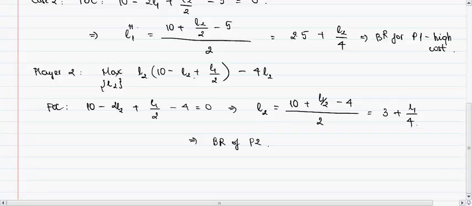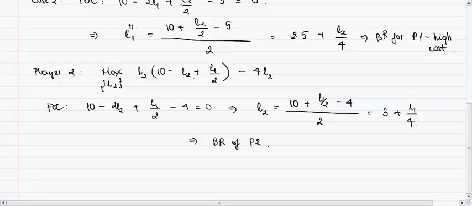Now remember, one important thing to notice is that player 2 doesn't know about the private cost of player 1. He doesn't know whether player 1 is low cost or high cost. So his best response function is going to respond to the average.